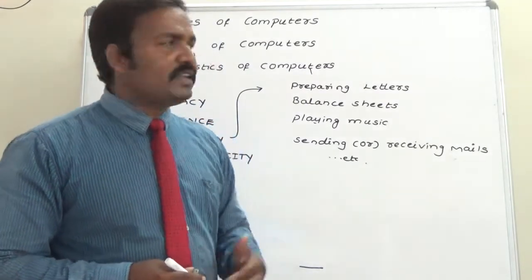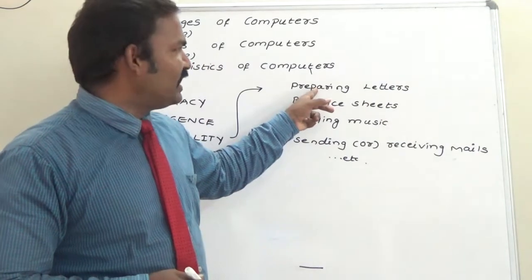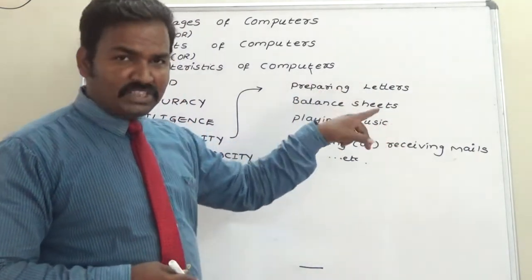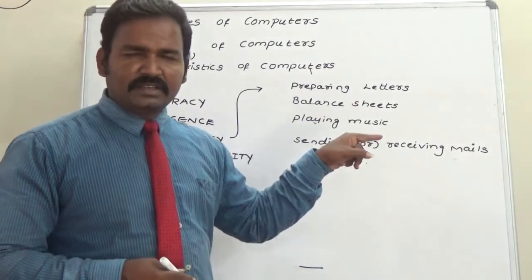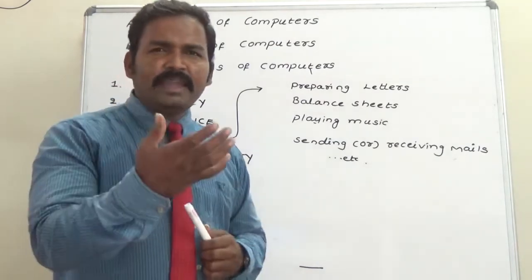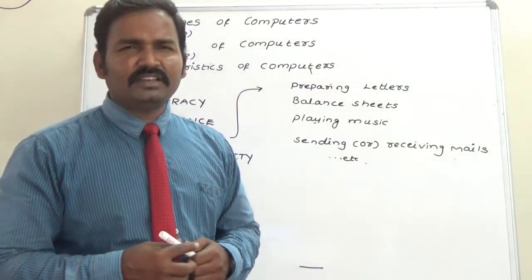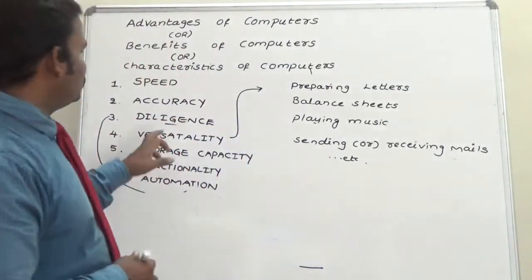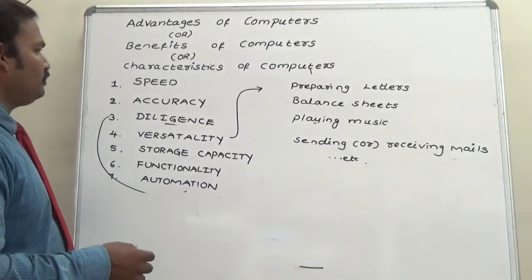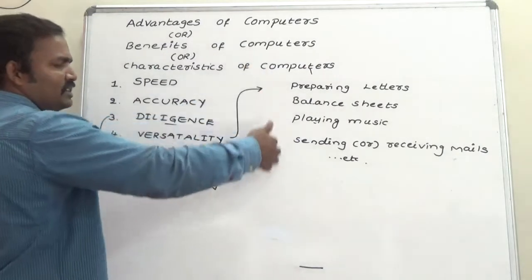With those applications, the computer can perform various tasks like preparing letters, preparing balance sheets, playing music, movies, sending mails, receiving mails. All these are tasks. So that is about versatility. To do all these tasks, the computer uses some applications.